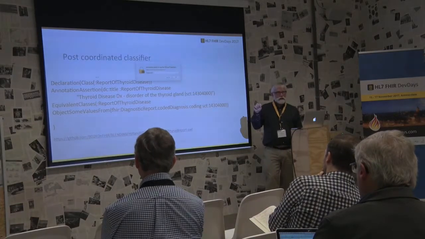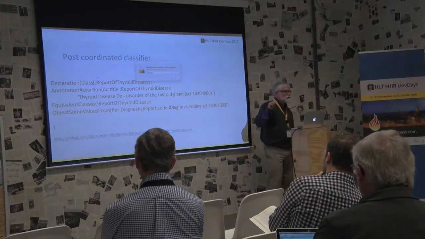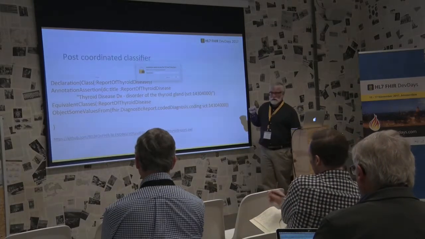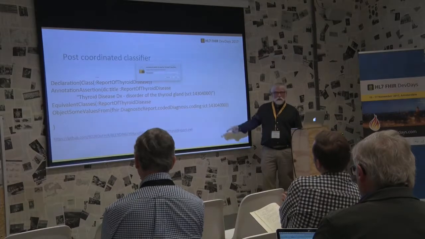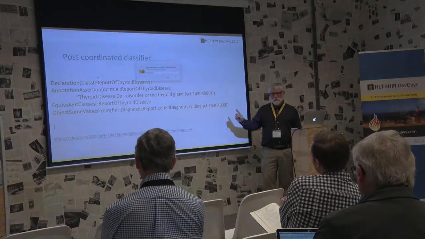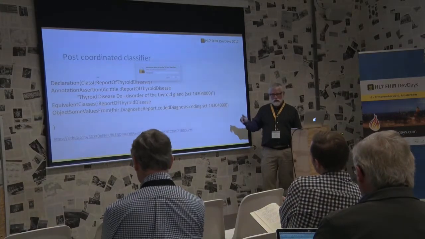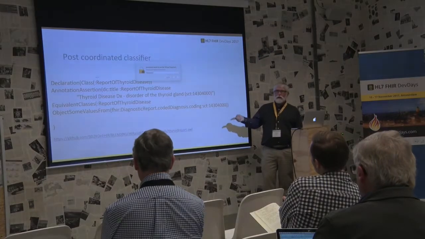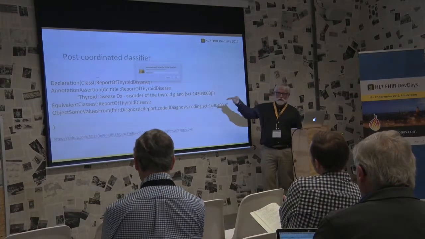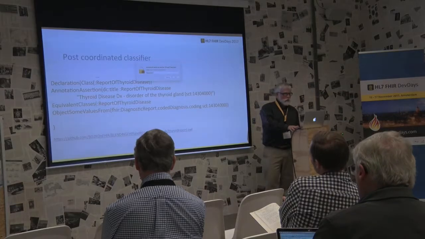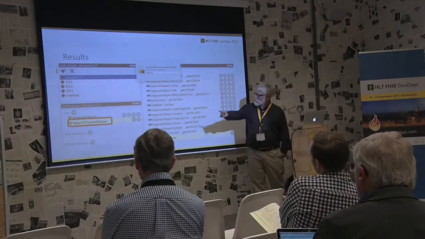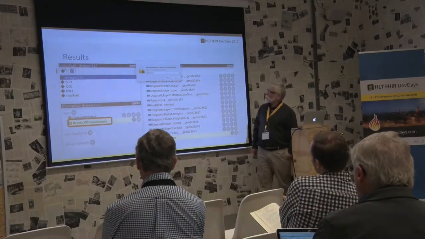Those are not easy to generate in an SQL table, and those are why reasoners exist. Because I have to know that a disease of the left lobe of the thyroid gland is a disease of the thyroid gland, and that a malignant neoplasm is a disease. And so I put this in, we run it through the classifier, and it works.